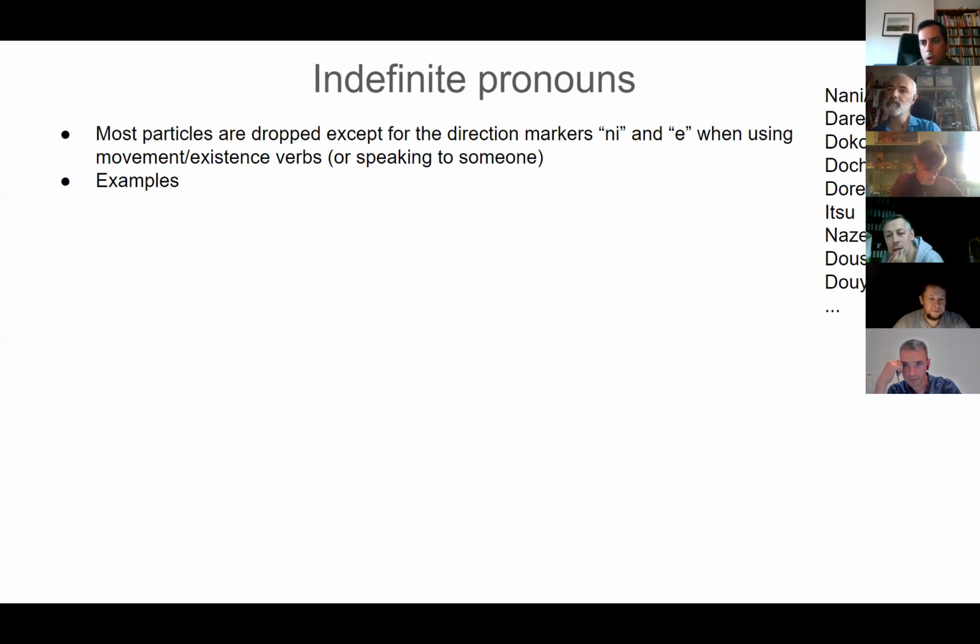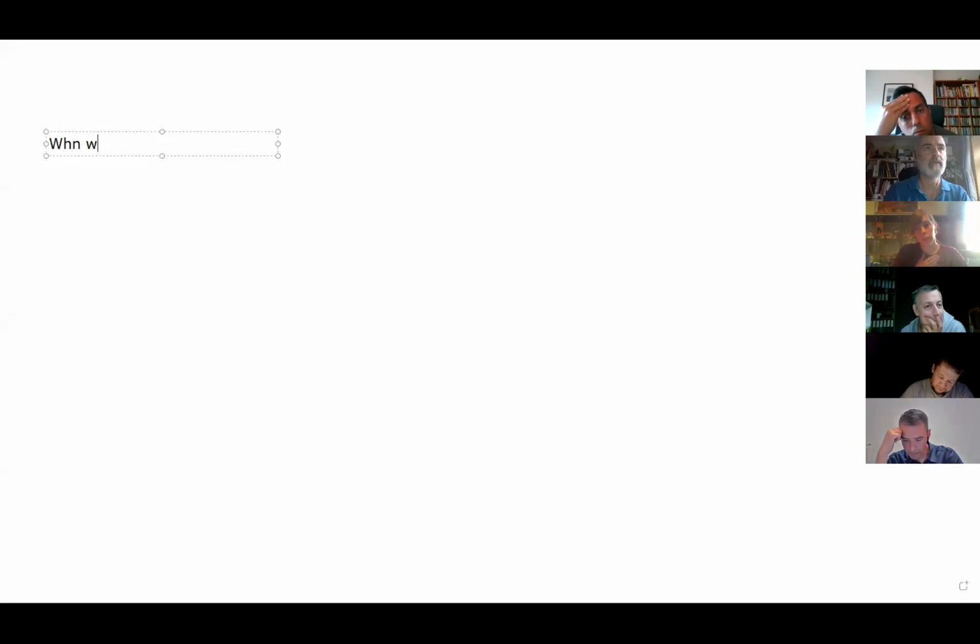Martin? What was the example you used about I don't want to go anywhere? Doko ni. Let me put this up on the screen actually, otherwise it becomes difficult to make notes, doesn't it? So when we preserve the ni.